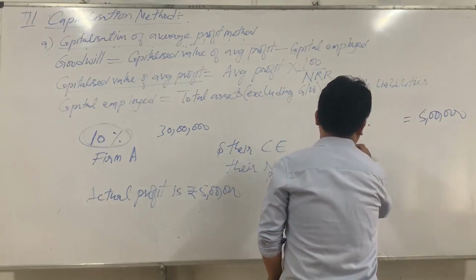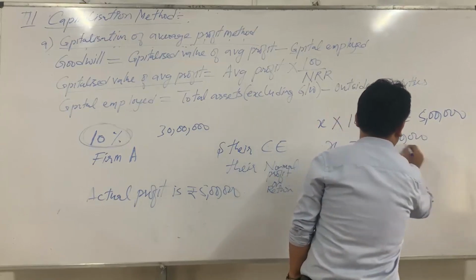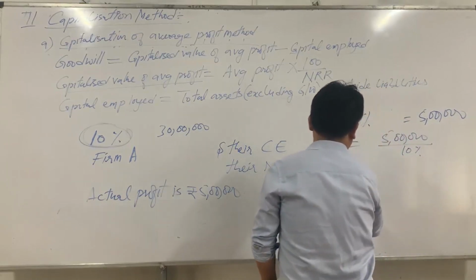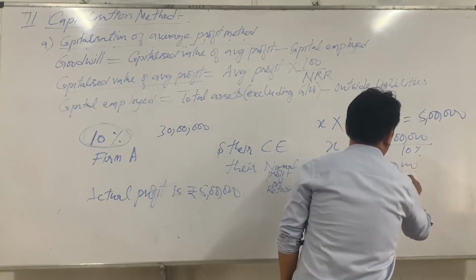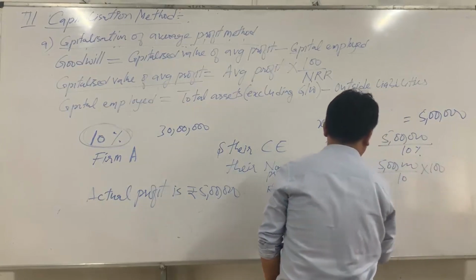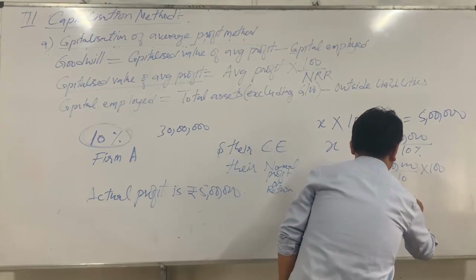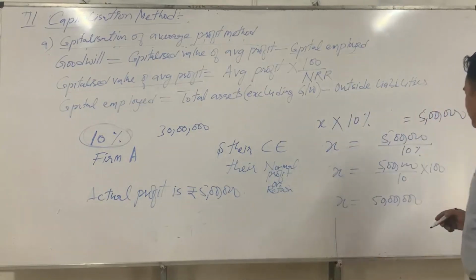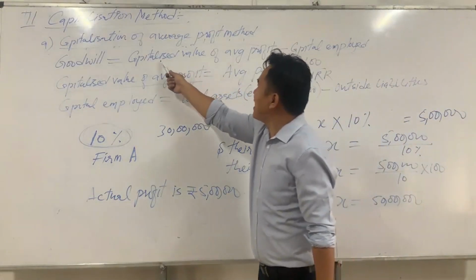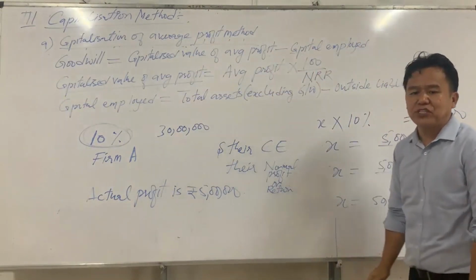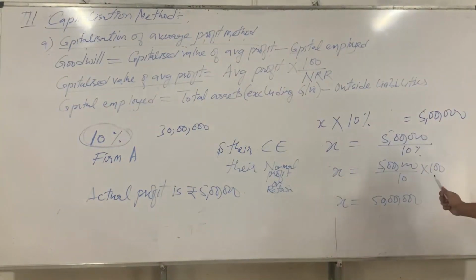Okay, so X is equal to 5 lakh divided by 10 multiplied by 100, which means X is equal to 50 lakh. So 50 lakh is the capitalized value of average profit, which means the market value of the firm.